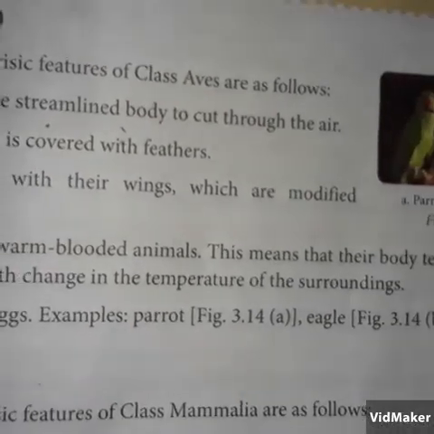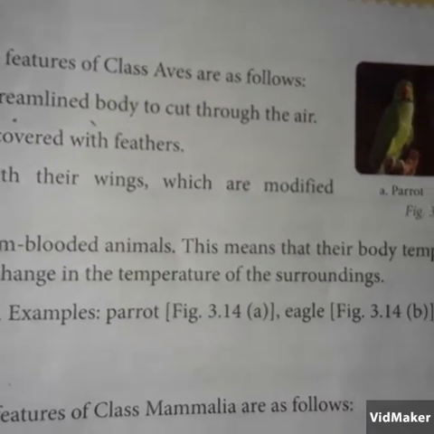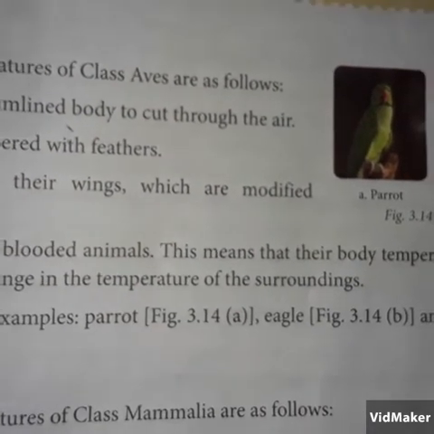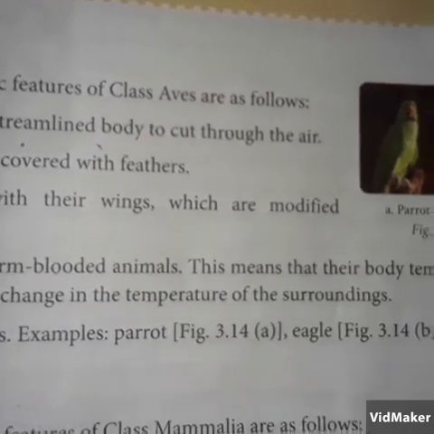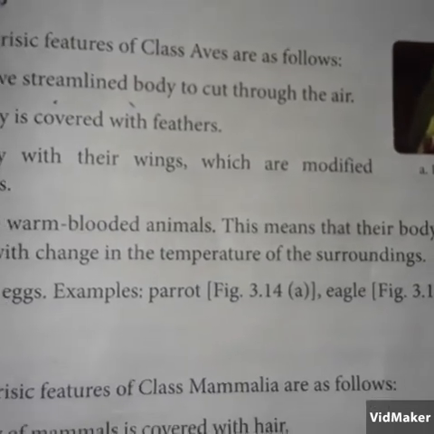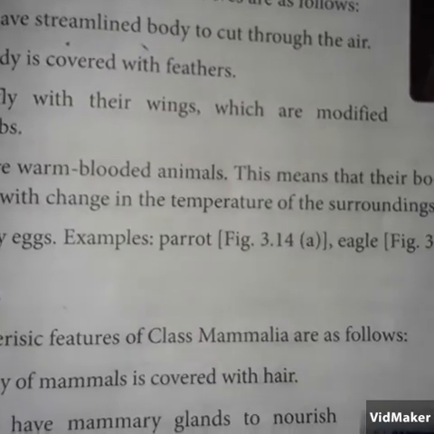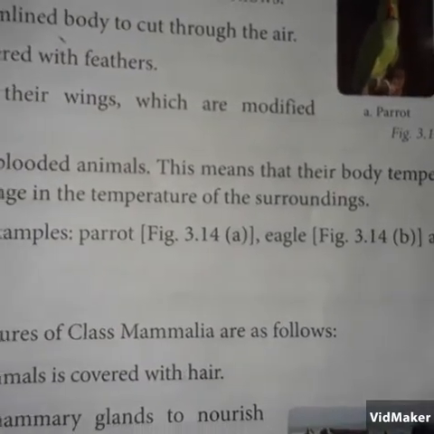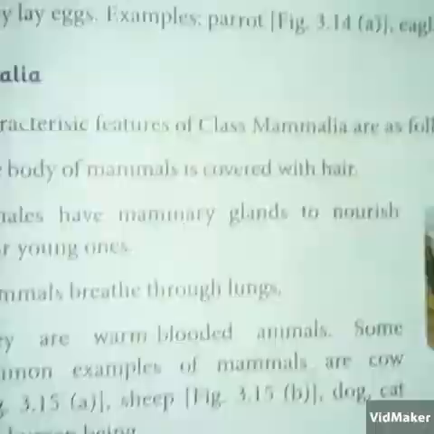Then fourth point, they are warm-blooded animals. This means that their body temperature does not change with change in the temperature of the surroundings. Fifth point, they lay eggs. Examples: parrot, eagle, and pigeon.